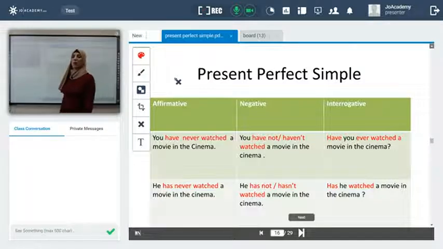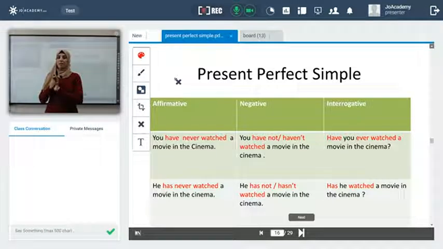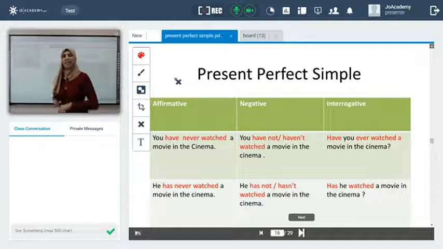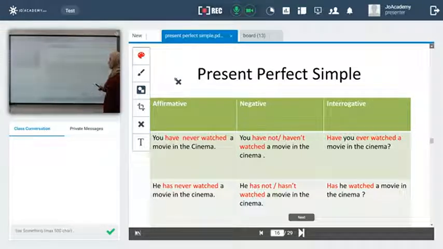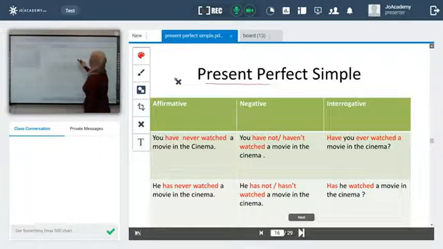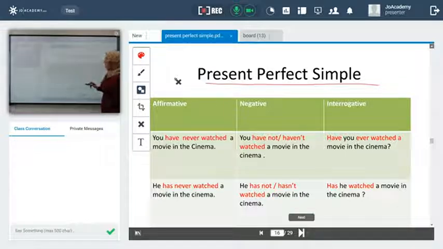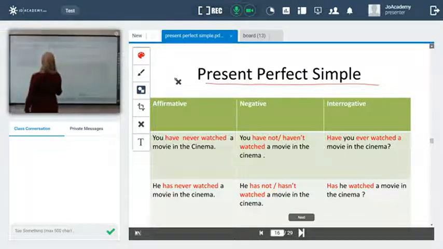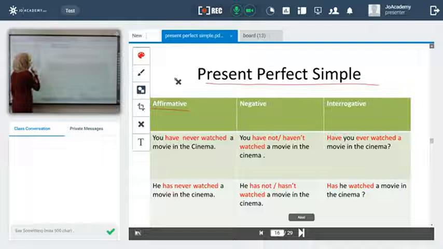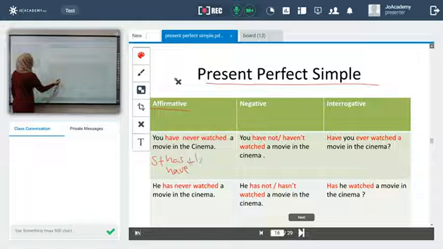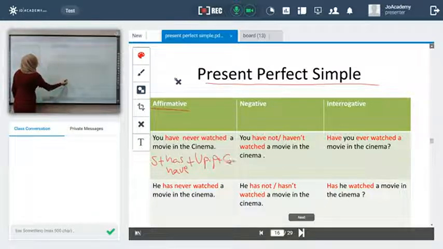So if we want now to revise what we have taken to make a conclusion, let's look at the following table. Our lesson was about the present perfect simple. In order to form the present perfect simple in the affirmative case, we need to use subject plus has or have plus verb in the past participle form and the complement of the sentence.